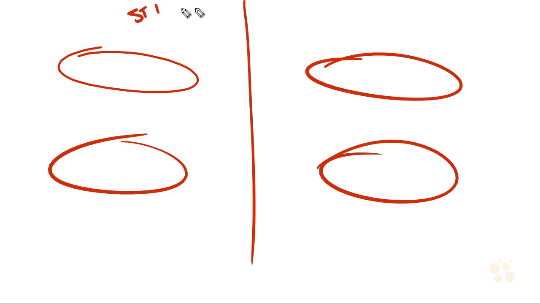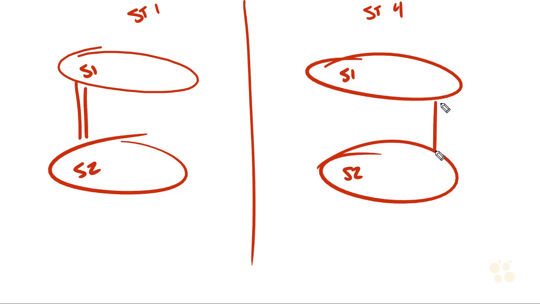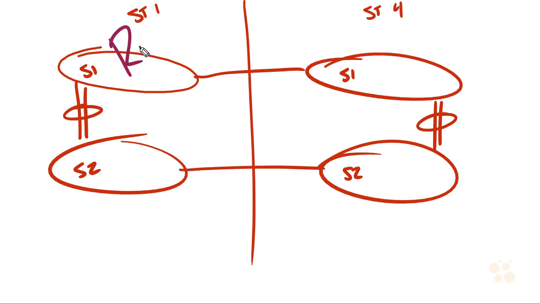Here's suite 1 and suite 4. Switch 1, switch 2, switch 1, switch 2. We've got a lag here, and connections like this. This guy became the root bridge. So what's the first thing all the other switches do? They find their best way to get to the root. And switch 1 goes, oh, well, this way is the best way. Why? Because it has a cost of 20,000.